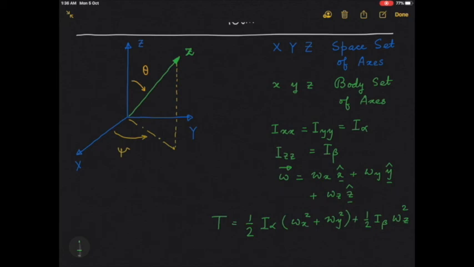Now change in theta I can write in terms of theta dot, and change in psi, I can write psi dot.